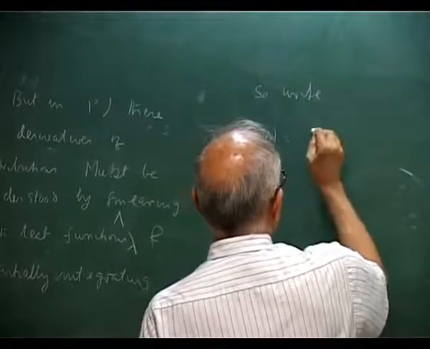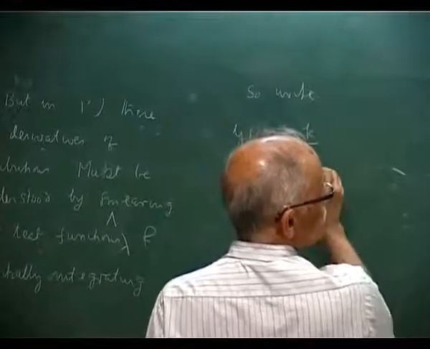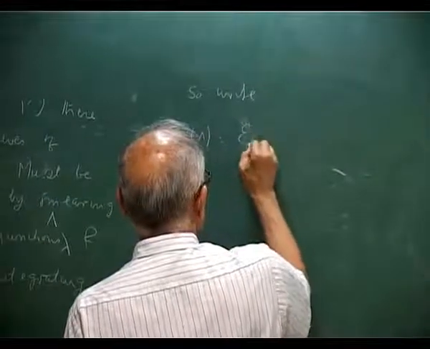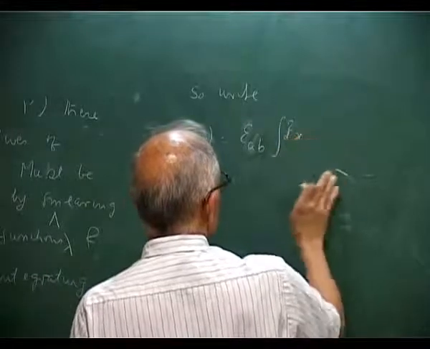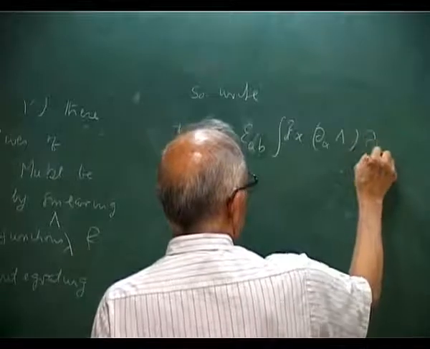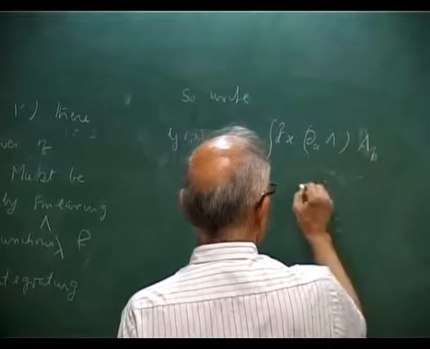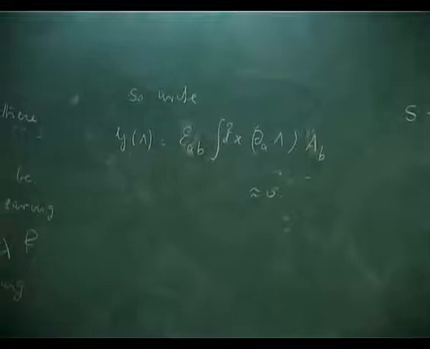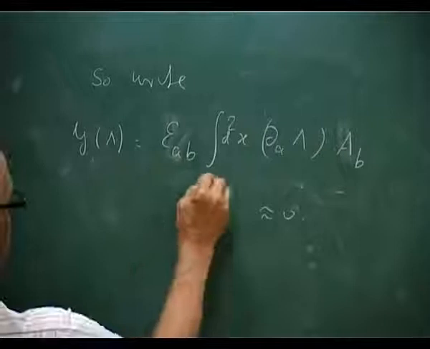So I will write this as k over 4 pi, well, it does not matter, epsilon AB times d2x times dA of lambda dAB, which is weakly 0, but lambda is a test function and this is now integrated on the disk.